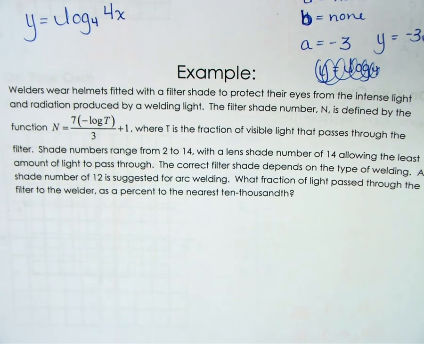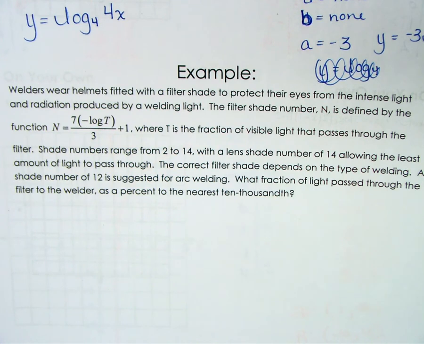Welder helmets. Helmets fitted with a filter shade to protect the eyes from intense light and radiation produced by welding. Filter shade number N is defined by the function given there, where T is the fraction of visible light that can pass through the filter, and shade numbers go from 2 to 14, with a lens shade number 14 allowing the least amount of light to pass through it.